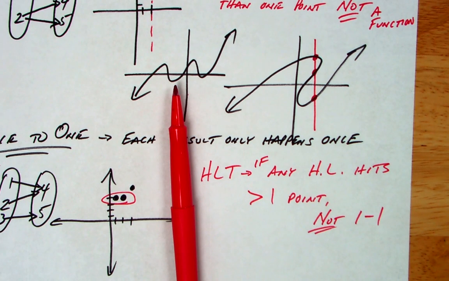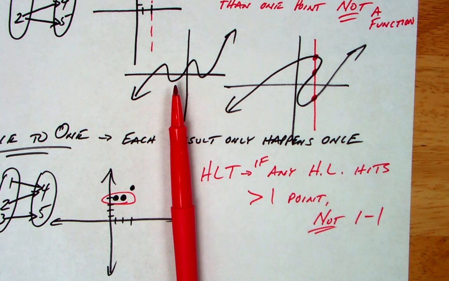Well, I have many weights, but say, will 10 pounds happen twice? No. Will 20 pounds happen twice? No. There's a magic combination to get me to 10 pounds. There's a magic combination that will get me to 20 pounds. So is it one-to-one? Yes, it is. I don't remember whose is whose. We'll have to get that straight.